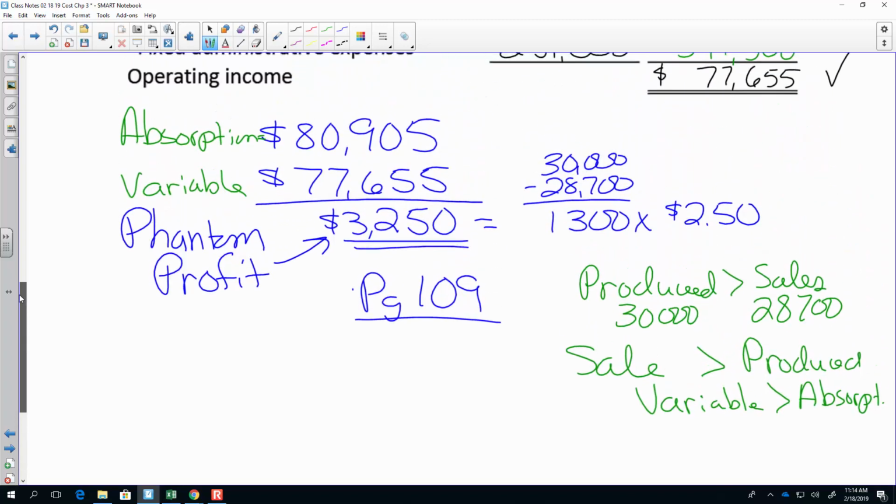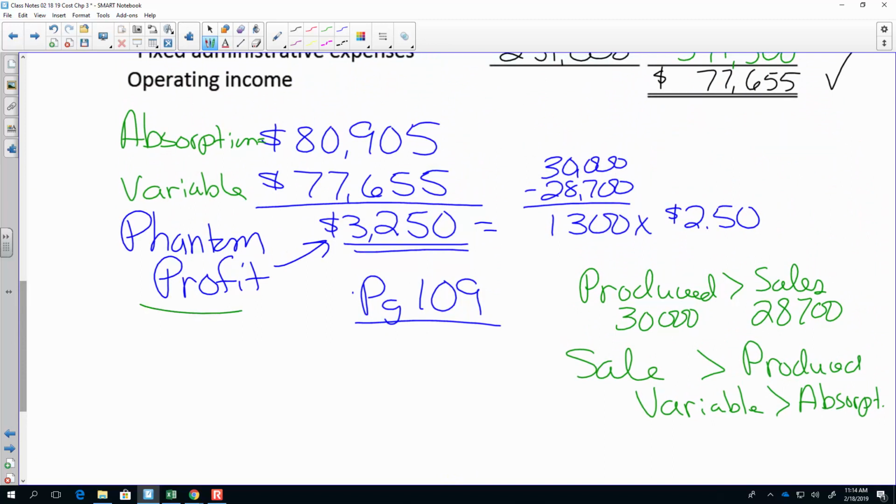Now, this phantom profit is temporary, right? Because of how does finished goods inventory work?